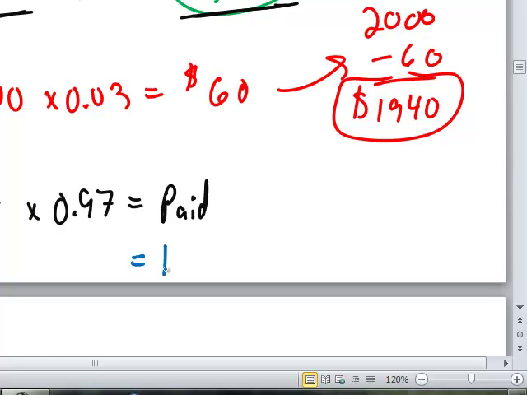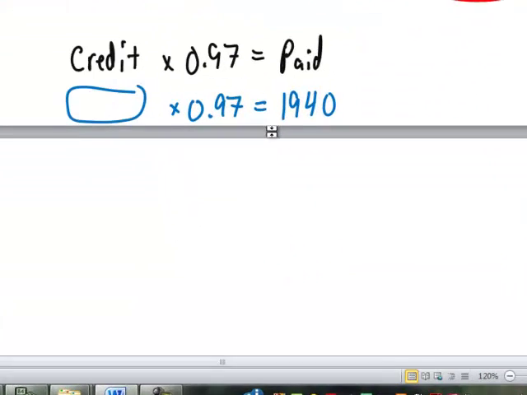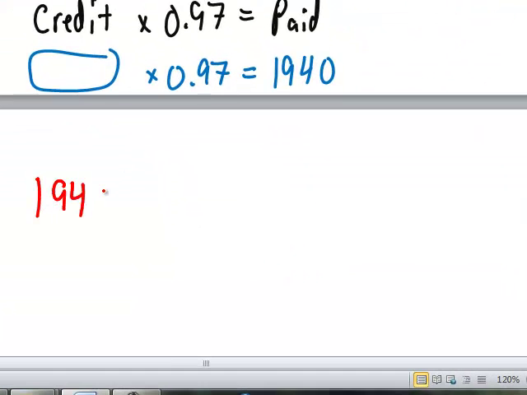So let's say that we knew that we were going to pay the $1,940. We didn't know how much that was going to credit the account. You'd have to work backwards, and that's why we were dividing by that. 1,940 divided by 0.97 is going to give us 2,000.